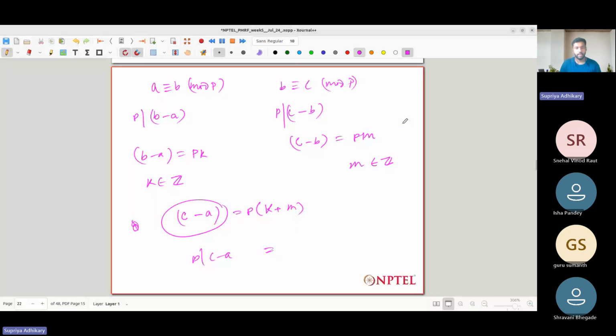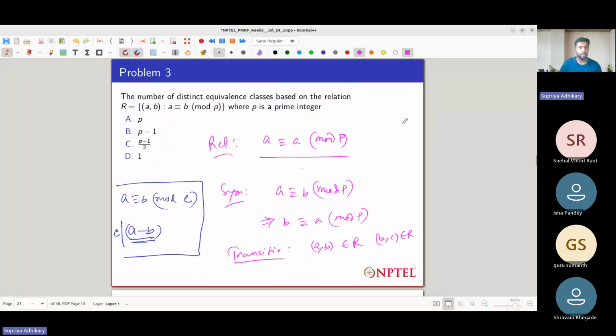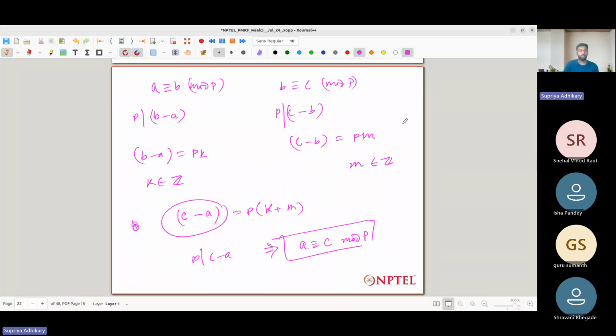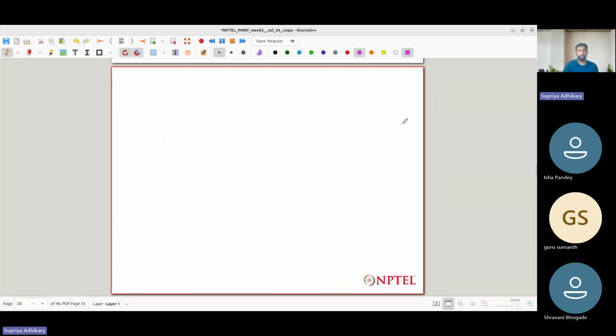This will imply that a is congruent to c mod p. So indeed this relation R that was given to us is an equivalence relation, and it creates equivalence classes. So basically all the elements that are related to a should be in the class of a. All the elements that are related to b should be in the class of b, and so on.